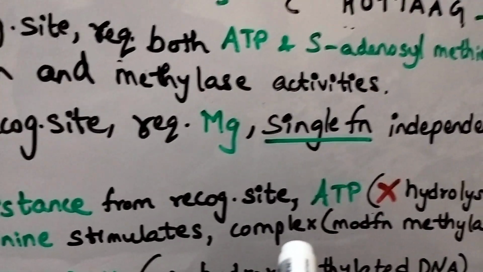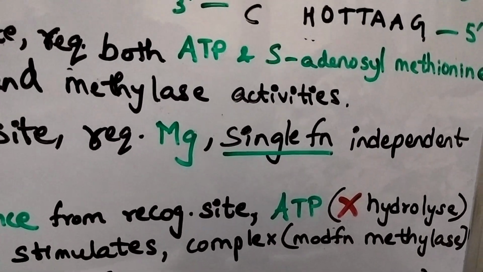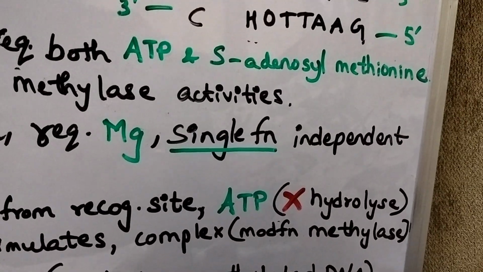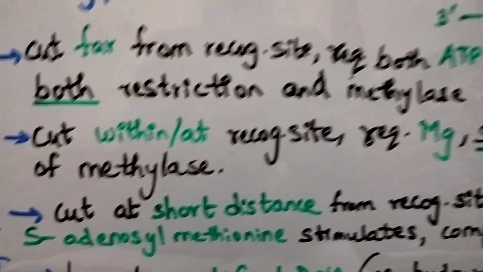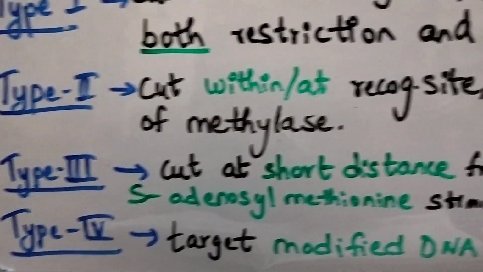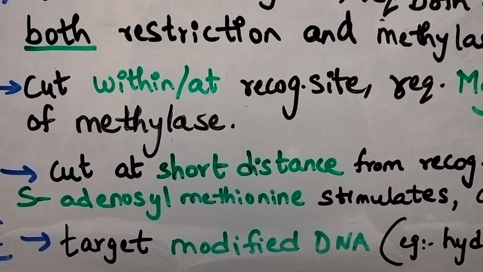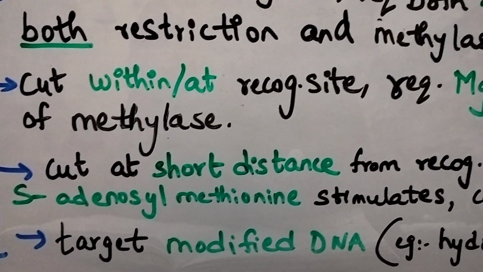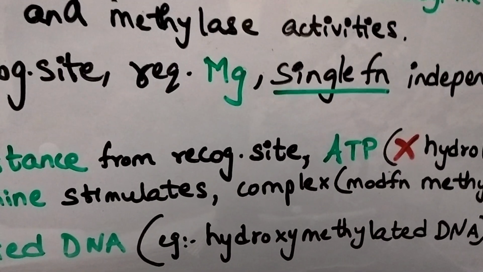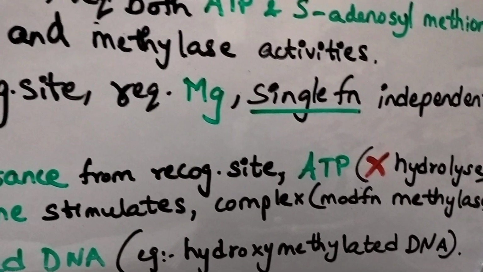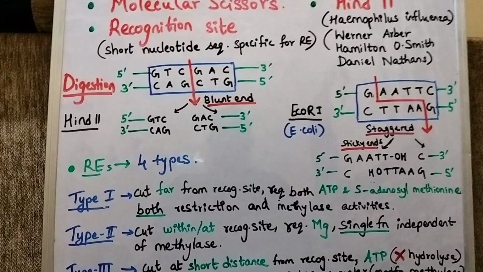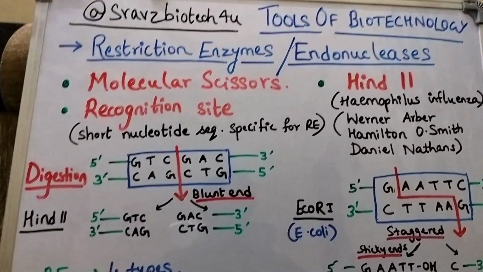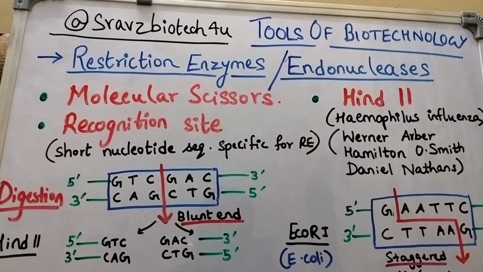They are part of a complex with a modification methylase. Type 4 targets modified DNA. An example of modified DNA is hydroxymethylated DNA. With this, I wrap up today's session regarding restriction enzymes or endonucleases.